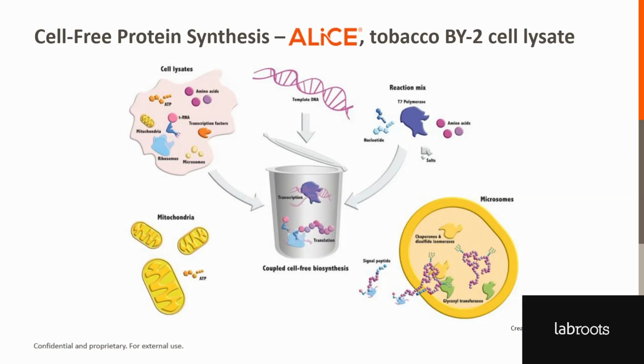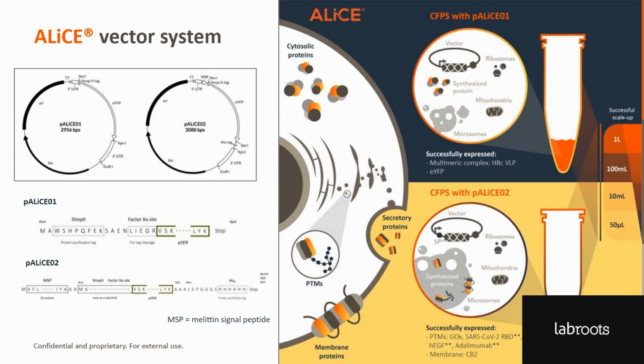So focusing in on those microsomes again, how do we target to our microsomes? It can be explained by the different ALiCE vectors that we use to package our DNA. If you have a simple protein, which does not require any post-translational modification, like glycosylation or disulfide bonding, then we have the p-ALiCE1 vector.